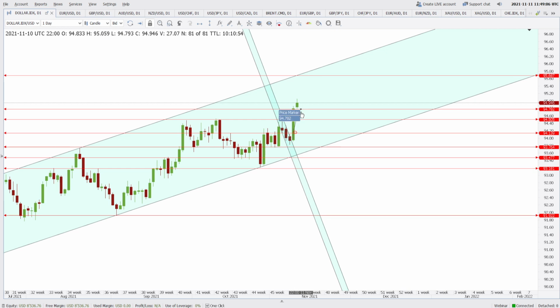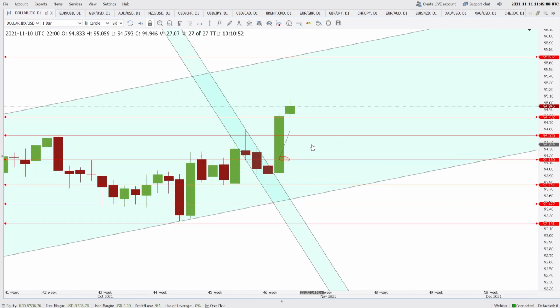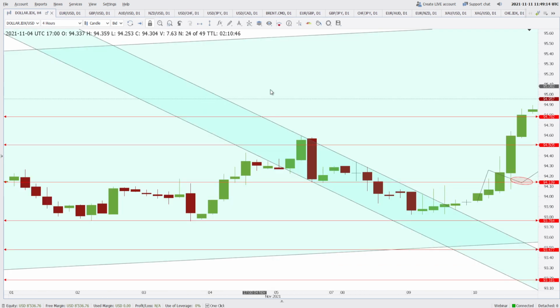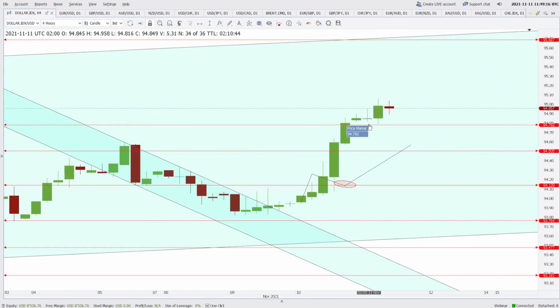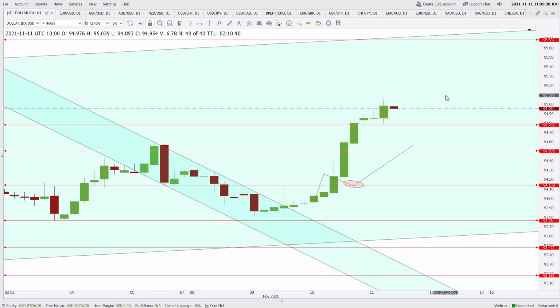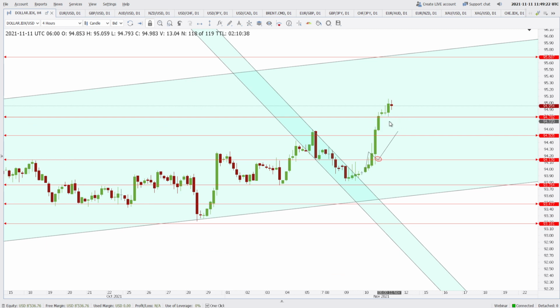Since this resistance has been broken and the index has given a closing higher than this, on the 4-hour chart, if you switch, you will see that this area 94.78 is now acting as a support. So if this support of 94.78 holds, then the next resistance that we are going to see is 95.68.